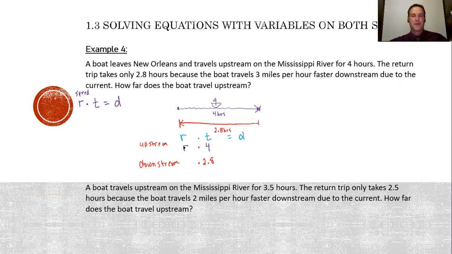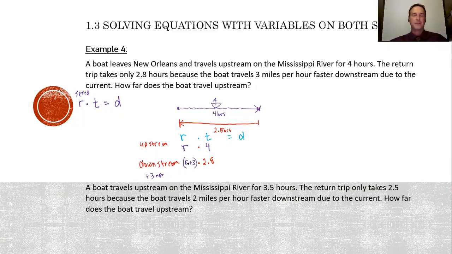Going downstream was faster. And the only thing I know is that whatever this guy was above, this one is a little bit faster. He's 3 miles per hour faster. So if this guy's 3 miles per hour faster, then what I'm going to do is just call this R plus 3. And that's the hardest part.